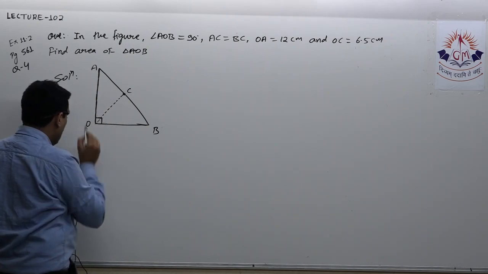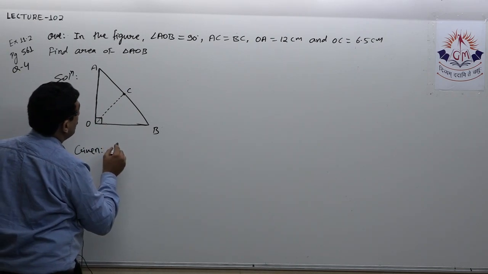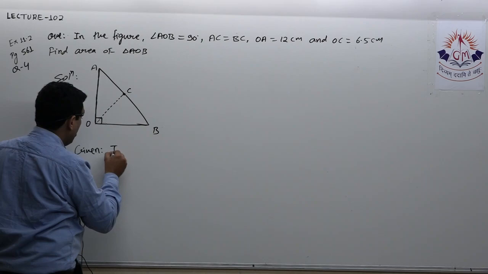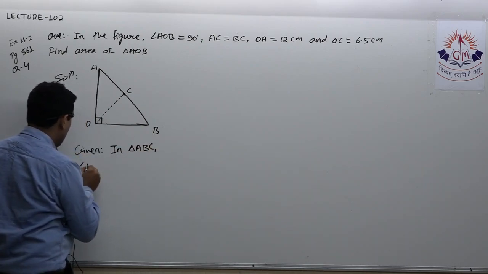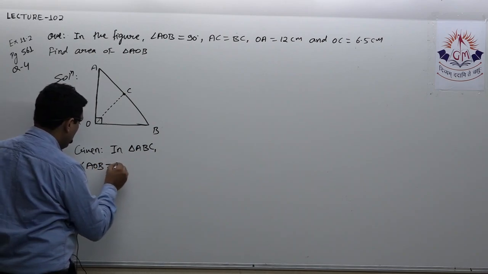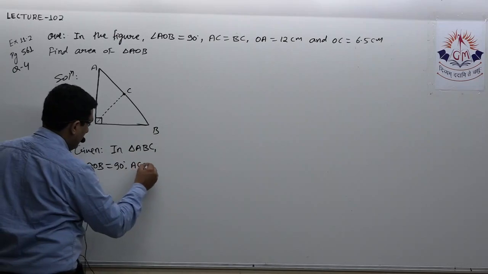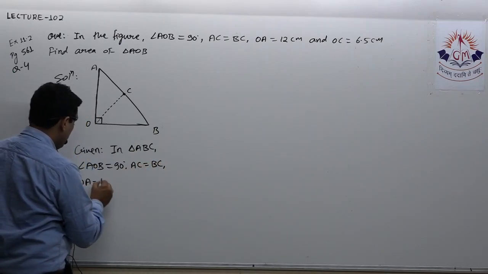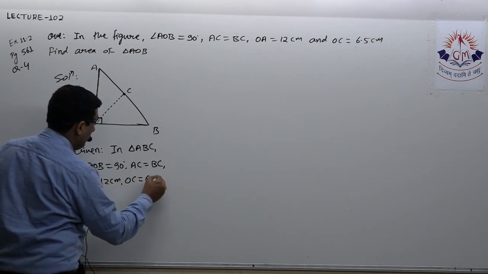So let us see how to solve this here. Given in triangle ABC, angle AOB is equal to 90 degree. AC is equal to BC, OA is equal to 12 centimeter, OC is equal to 6.5 centimeter.